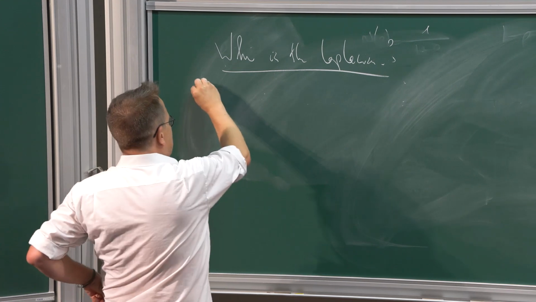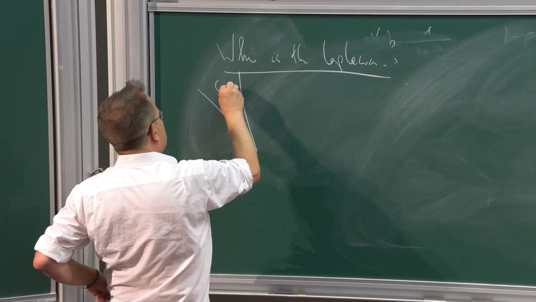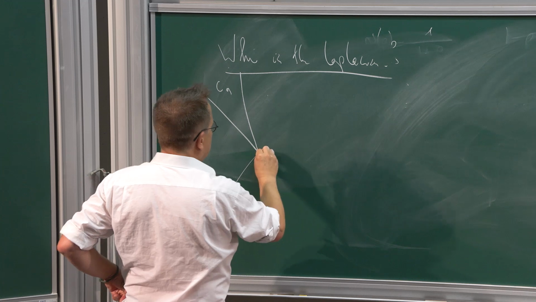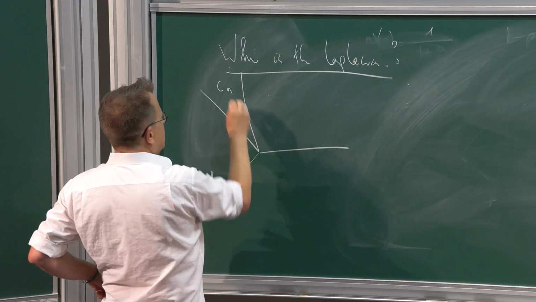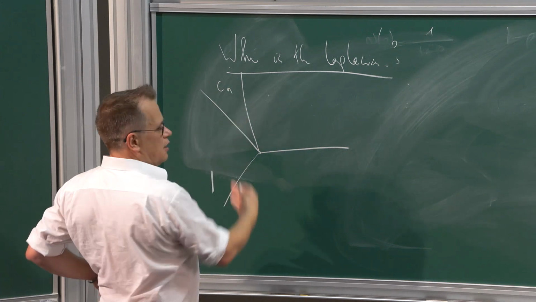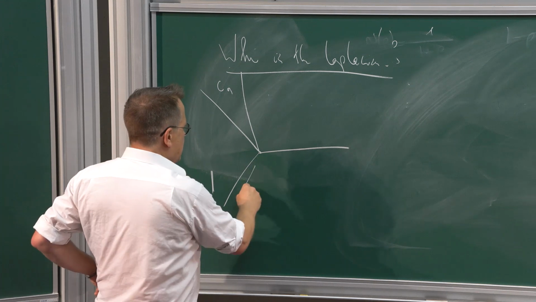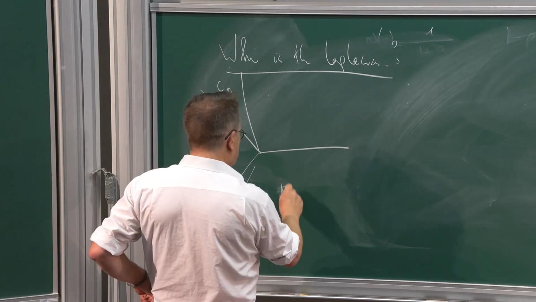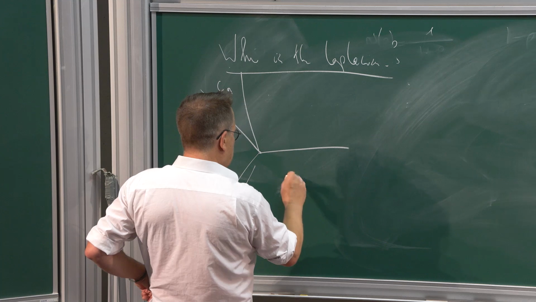So let me get back to my abstract. I will need a few abstract things. At some point I have a cone of feasible velocities and the outward normal cone.